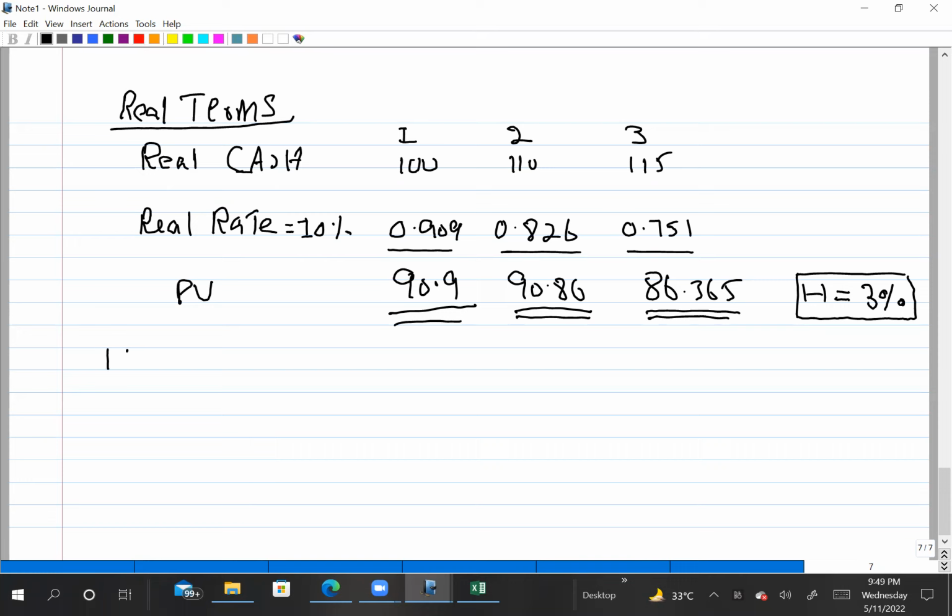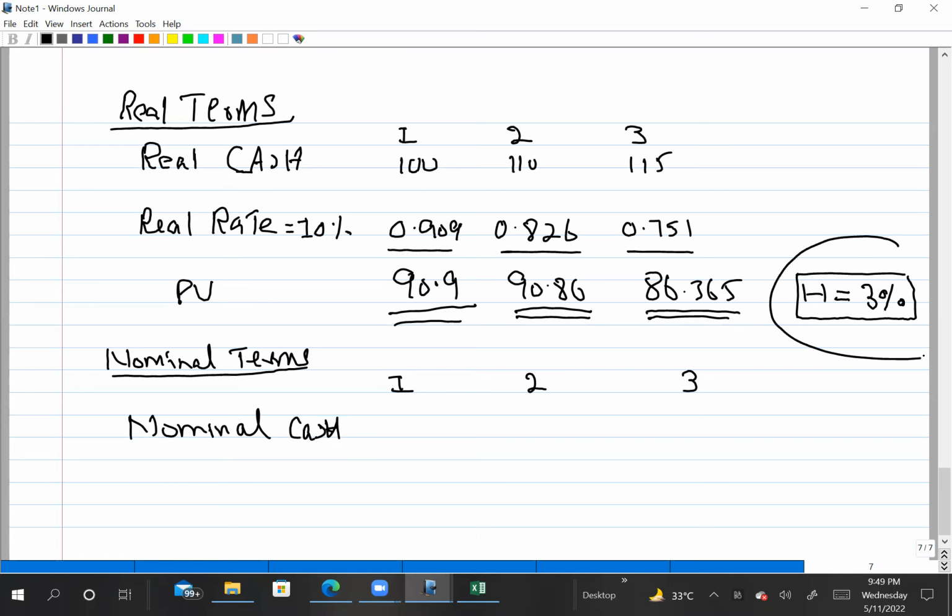But in a question, they ask us to use the nominal terms. In that case, we have to convert the real cash flows into nominal cash flows. For that purpose, we know that the inflation rate is 3%. So 100 into 1.03, in nominal terms, it will be 103.